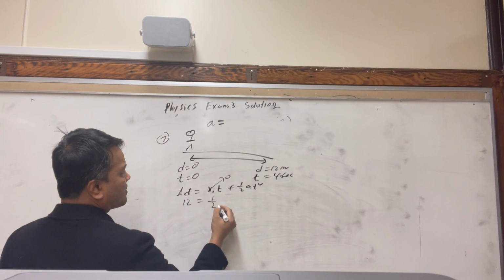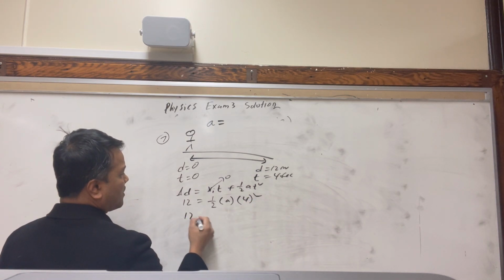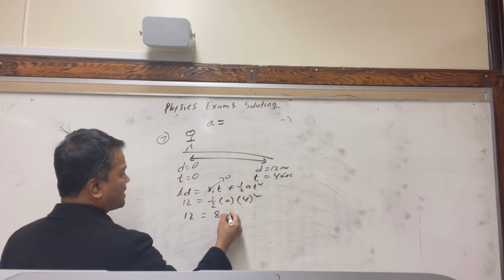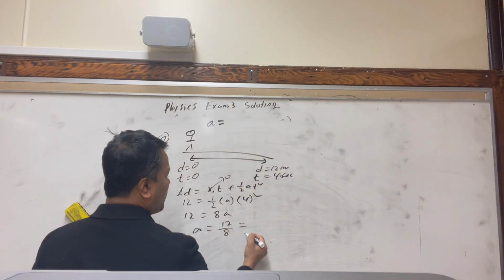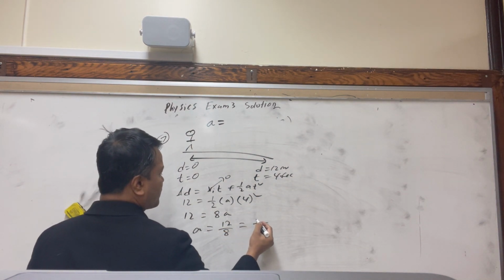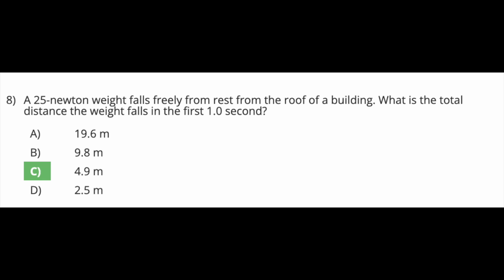So half a, that's what we want to find, and t is 4 squared. So 12 is equal to 8a. So a is equal to 12 over 8, so 3 over 2, so 1.5 meters per second squared.